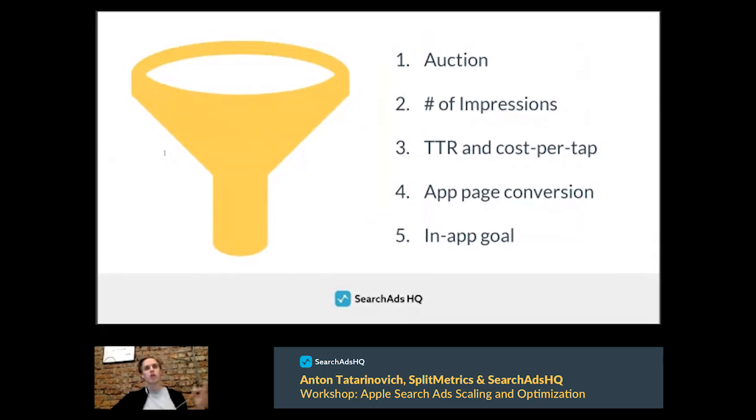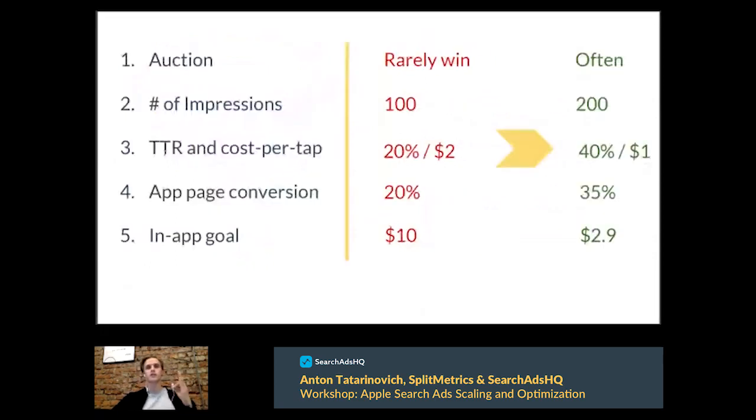If you optimize your auction so that your ads run often, if you optimize for maximum number of impressions via altering your CPA bid and CPA goal, if you max out your TTR with absolute best creatives, absolute best metadata, if you increase your on-page conversion rate and finally optimize for maximum number of users to complete your in-app goal action, then you may say that your Apple Search Ads is optimized, that you're taking maximum out of it. Those numbers you may see on the screen are examples, but I think the analogy is pretty understandable.